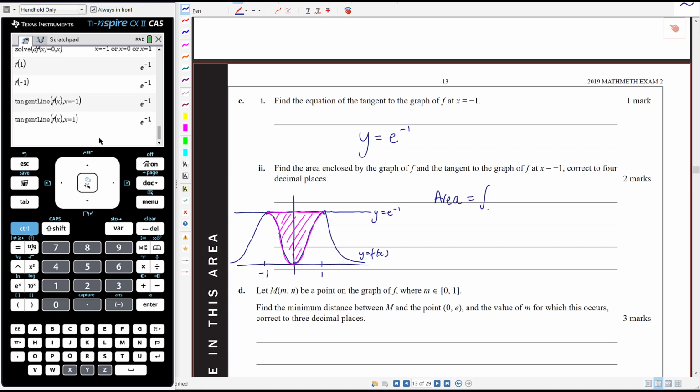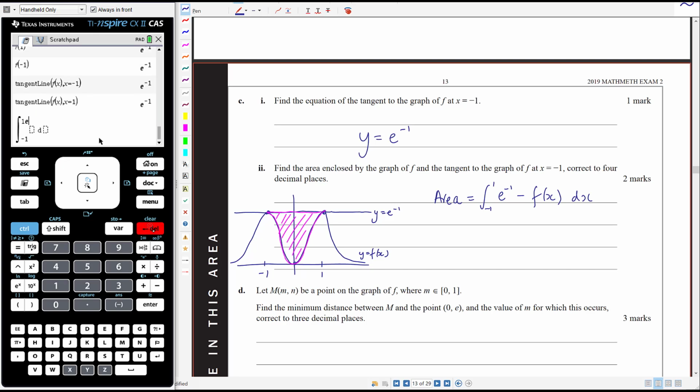So that area is going to be the integral from -1 to 1 of the tangent, which is e to the -1, take away the function, which is f of x. You could also do 2 times the integral from 0 to 1, but given that you've got your CAS, it doesn't make it any easier to do that. If you're doing it by hand, I would do that. So make sure you use the proper e to the -1, or you could, of course, quicker, just go up and get that.